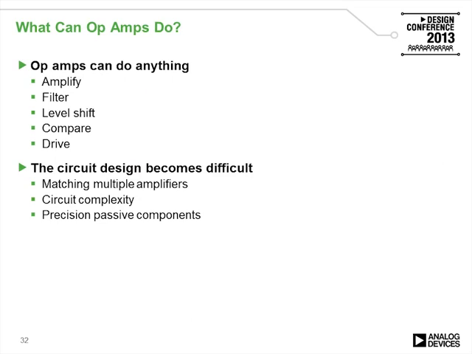So what else can op-amps do? Op-amps can do virtually anything: amplify, filter, level shift, compare, and drive ADCs. The circuit design sometimes becomes difficult when the system is a little bit more complex and requires multiple amplifiers, multiple passives, or good matching between the passives.